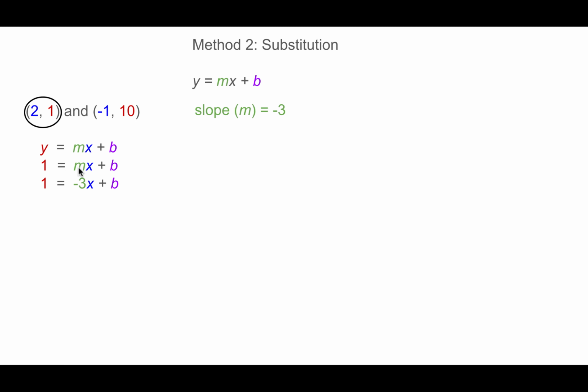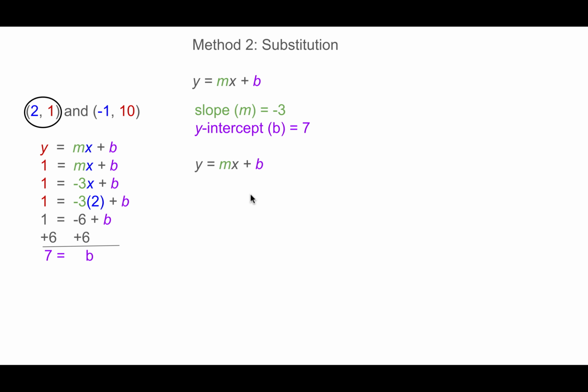I replace my m, which is the slope, with negative 3. And I replace the x with 2. And now I simplify. Negative 3 multiplied by 2 is negative 6. I add 6 to each side, and b equals 7. So the y-intercept is 7, which means when I'm writing my equation, y equals negative 3x plus 7.